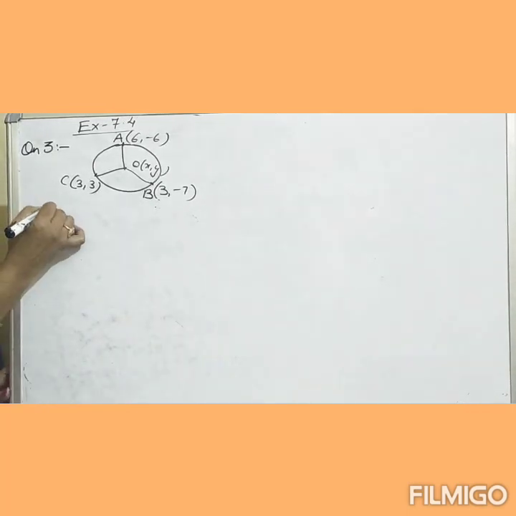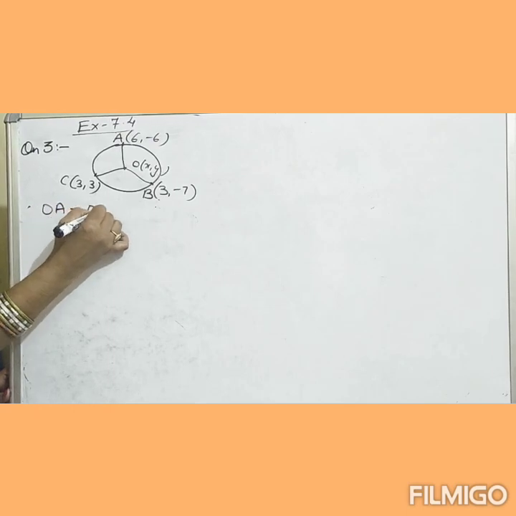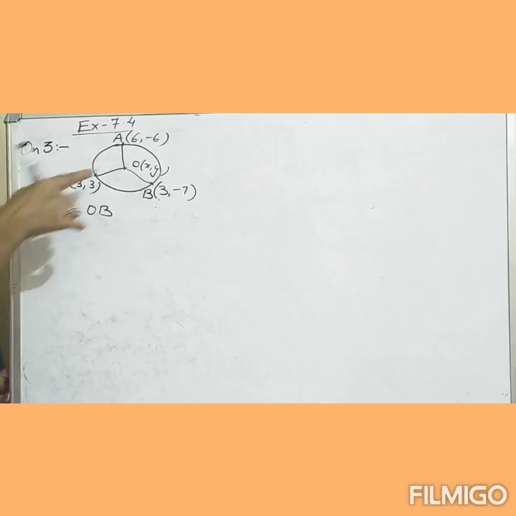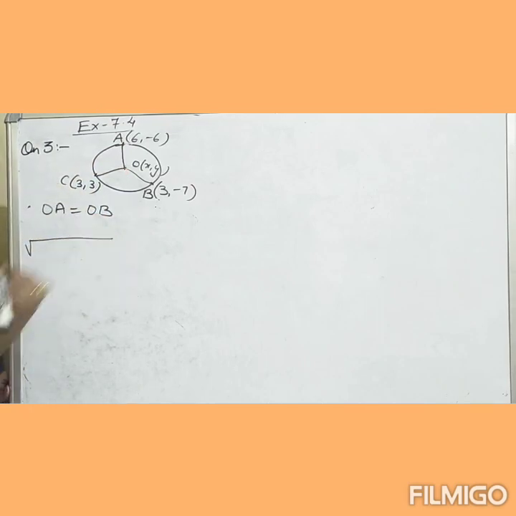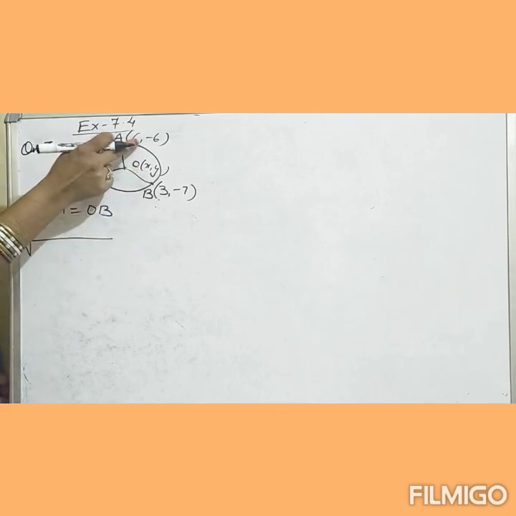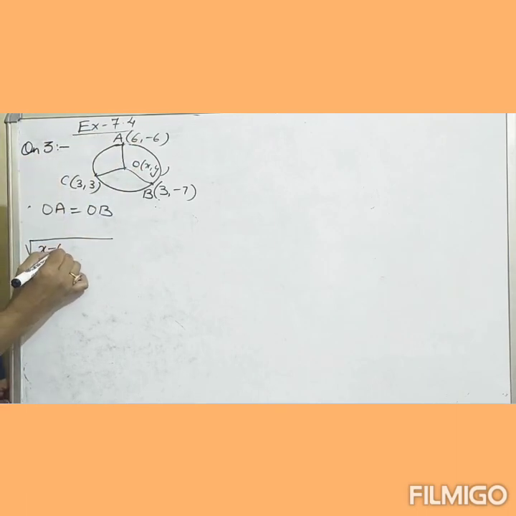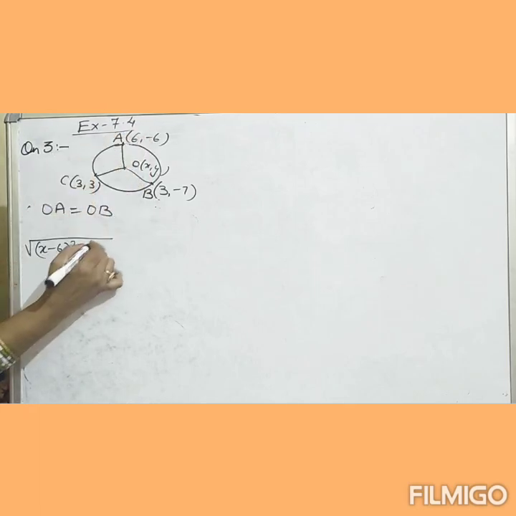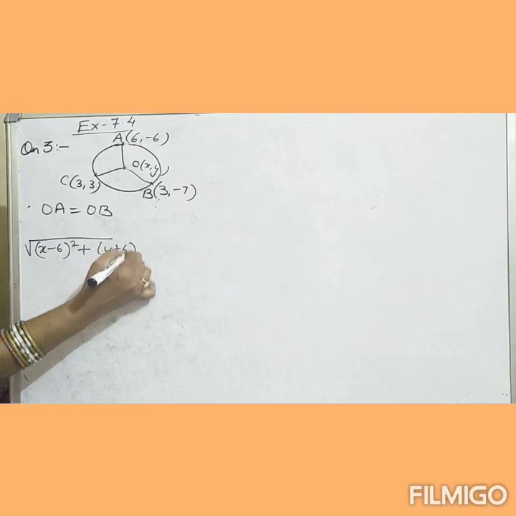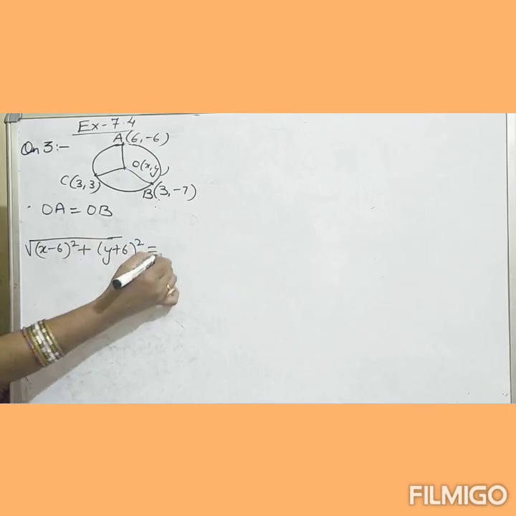Let's see. If OA equals OB, by applying the distance formula we can get OA. The distance formula is under root of (x2 minus x1) whole square plus (y2 minus y1) whole square. That means under root of (x minus 6) whole square plus (y plus 6) whole square, equal to OB.